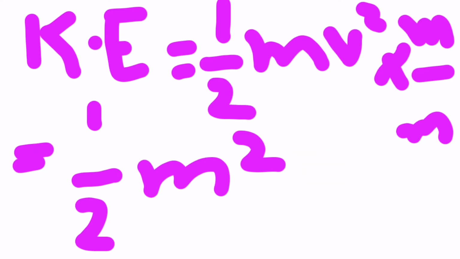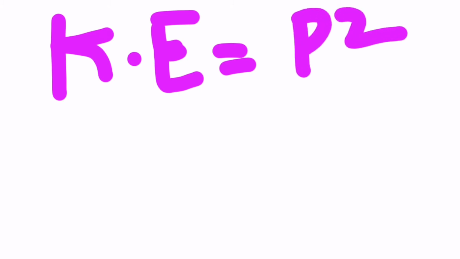As we know that m square and v square is equal to p square, where p is momentum. This is the formula of momentum. P is equal to mv.